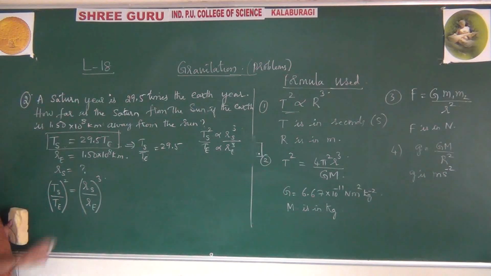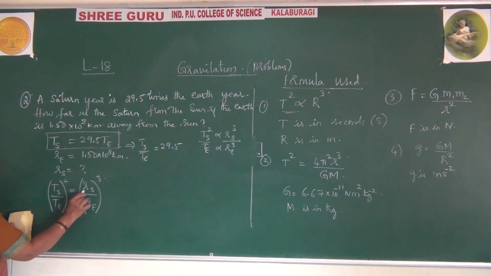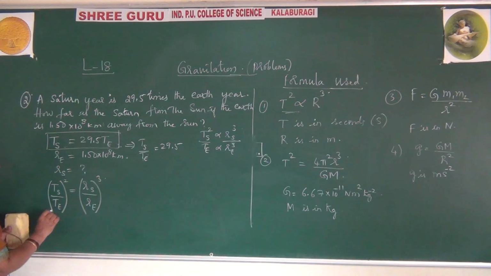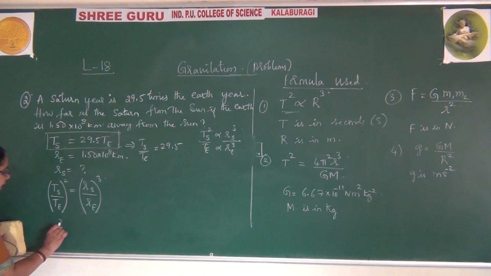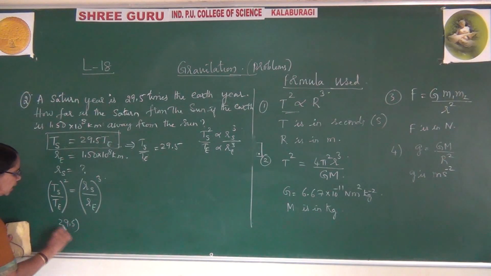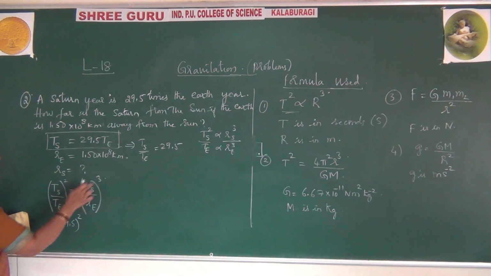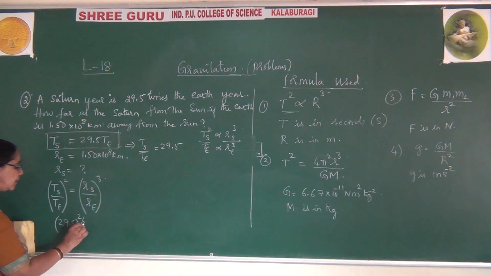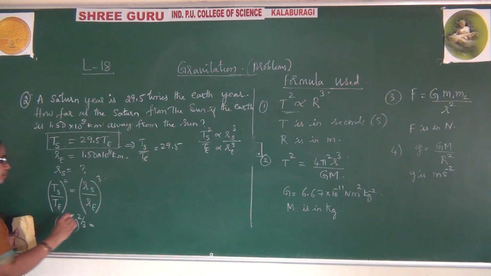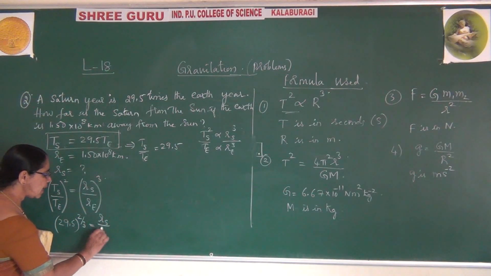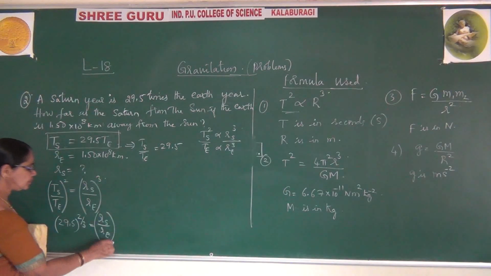Now let me substitute as per this. If I write for this, then you get TS by TE is 29.5 to the power of 2, and this to the power of 1 by 3 is equal to RS by RE, like this.